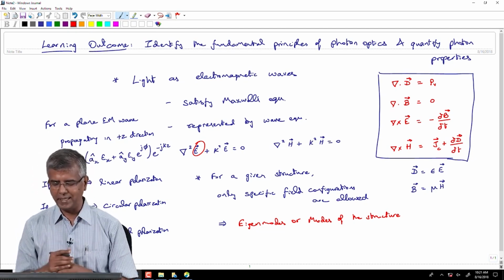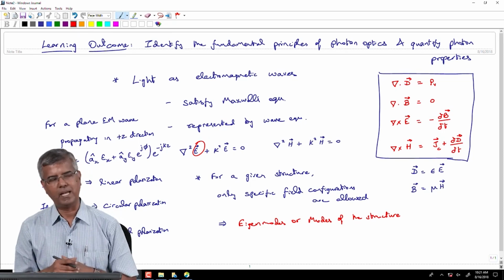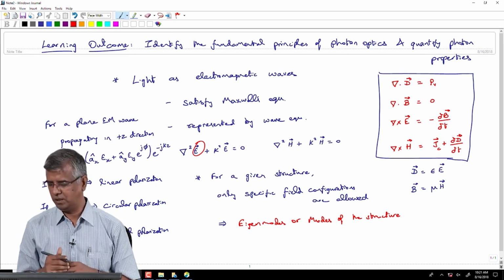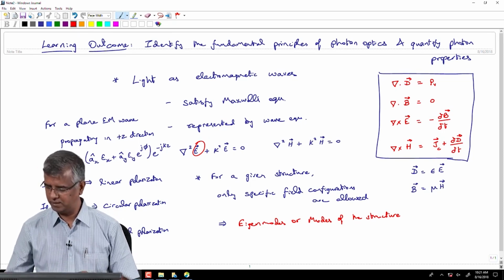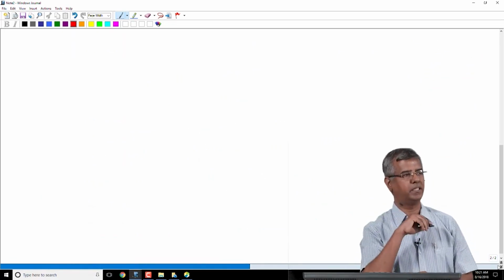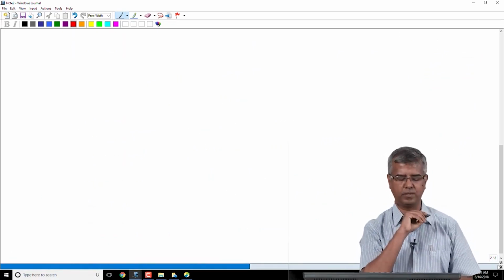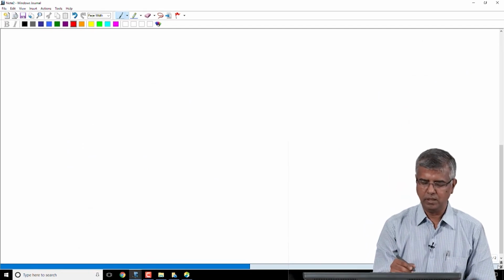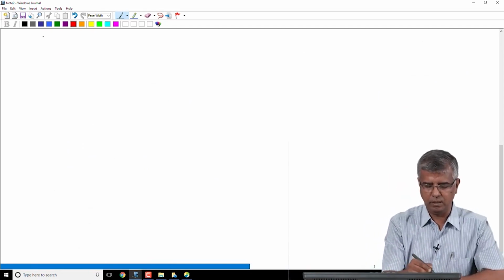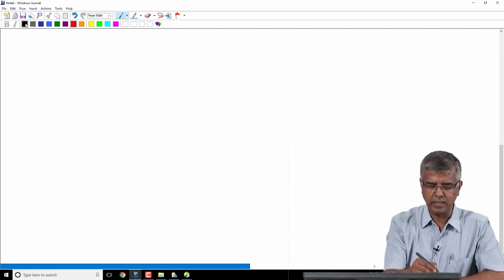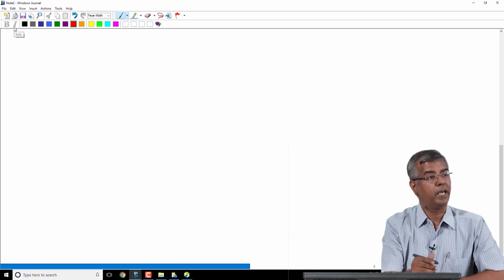So, let us take a very simple example of how this happens, what is the implication of this, for a specific structure. So, let us take the example of total internal reflection, a waveguide.